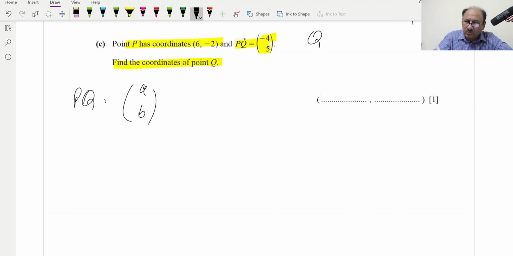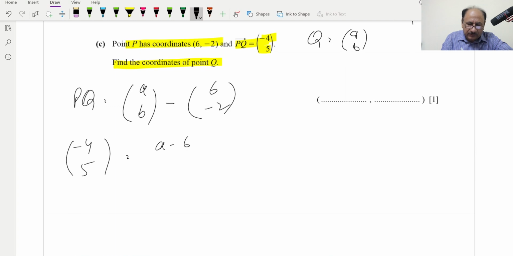We can write Q is equal to AB, minus P, which is basically 6 and minus 2, and PQ is given as minus 4 and 5, which is equal to A minus 6 and B plus 2.